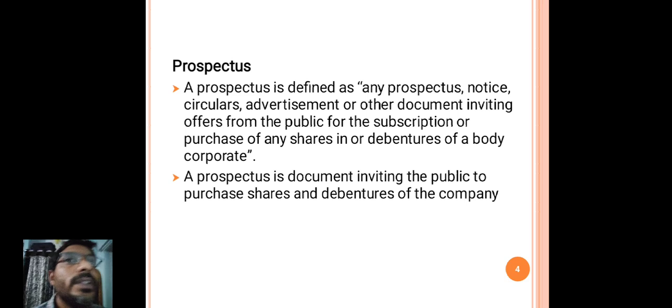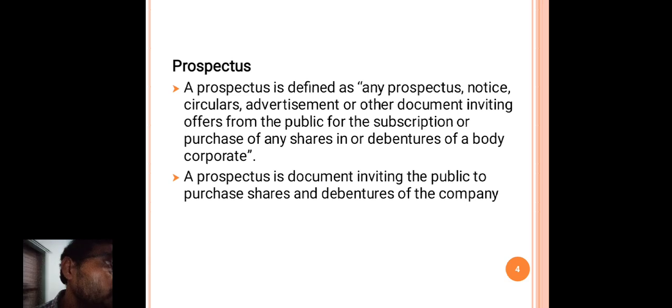A prospectus is an invitation to the general public offering to purchase shares and debentures. It is nothing but giving information about the company to the public in the form of a prospectus or a brochure and asking them to invest their amounts in the company in the form of shares or debentures depending on their interest.